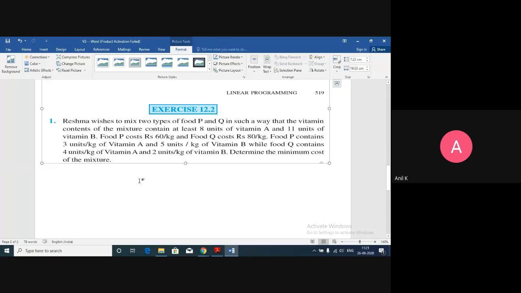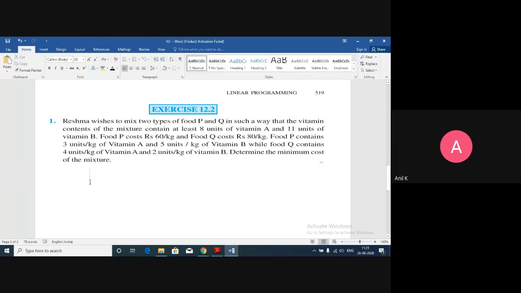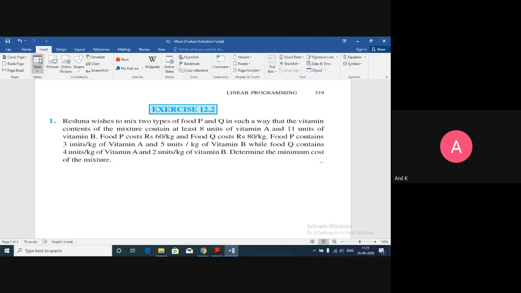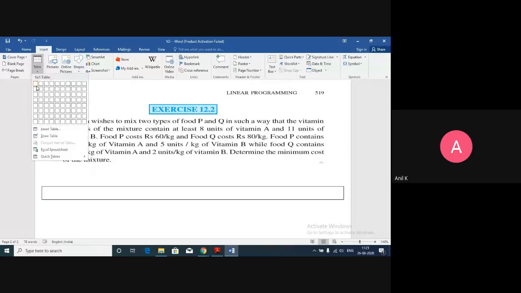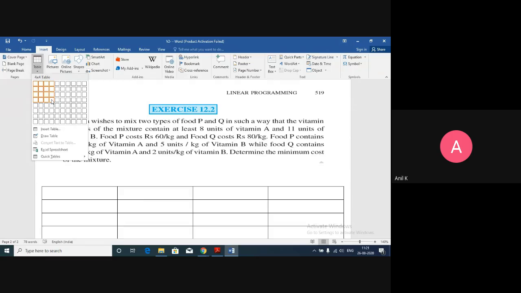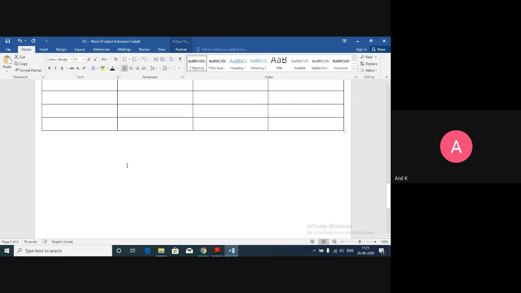So here also we have two things. One is food P and food Q. The second is vitamin A and vitamin B. So we are going to get a similar type of table. This is for vitamin A, vitamin B, food P, food Q, and total. I think this much table is enough.